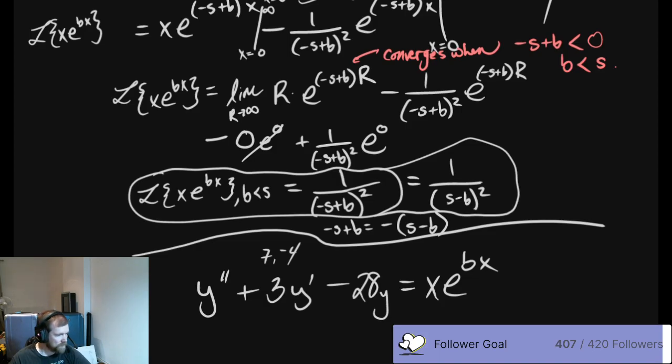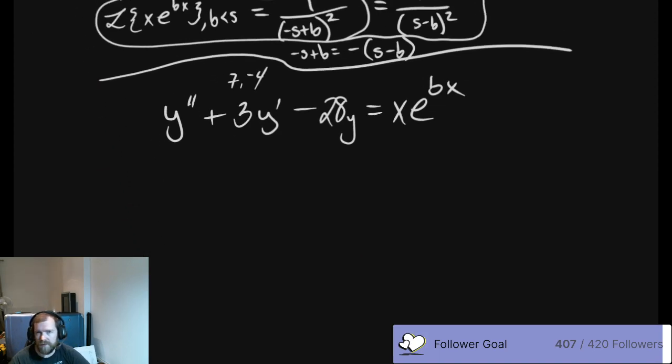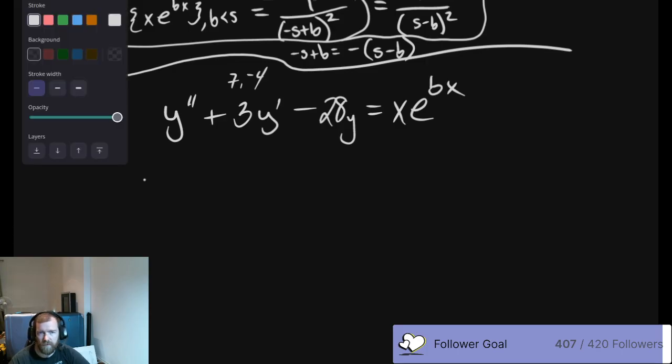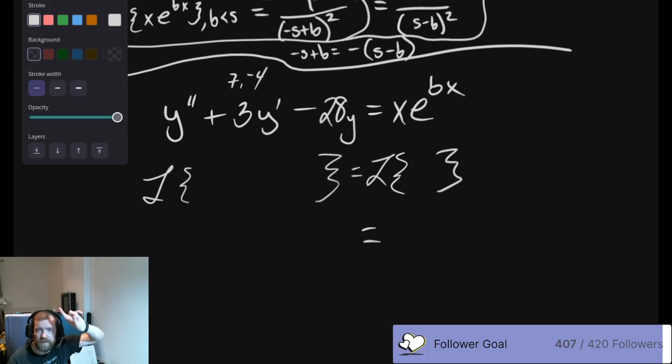So what we do is we say, okay, we're going to take a Laplace transform of all this stuff on the left and the Laplace transform of all this stuff on the right. On the right-hand side, we get that thing that we found up there, which was 1 over (s minus b) squared.